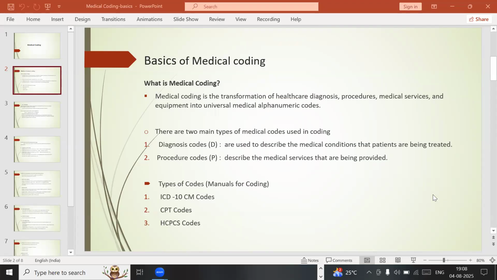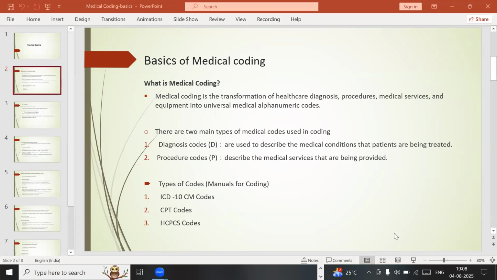There are two main types of medical codes used in medical coding. What are they? Diagnosis codes, D codes, and procedure codes, P codes. Diagnosis codes describe the medical conditions for which patients are being treated, and procedure codes describe the medical services being provided.